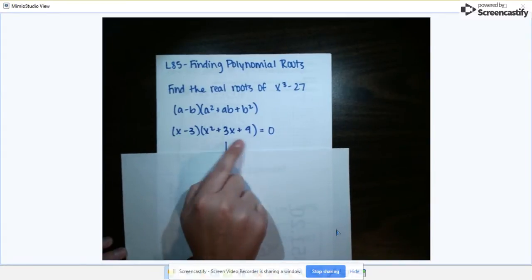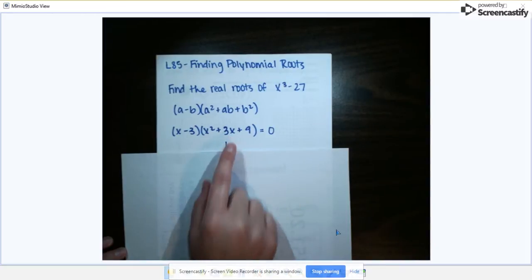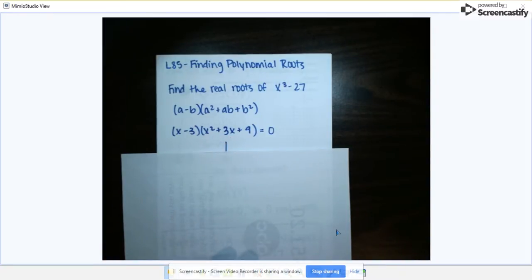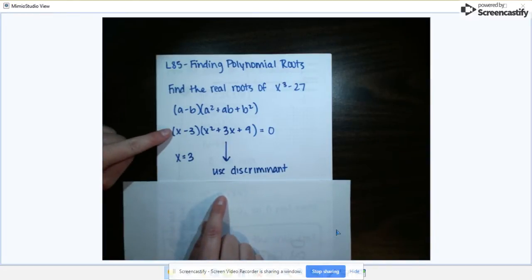So this is a quadratic that we're going to use our discriminant on to see if we have any roots. If we do have roots, then we can use our full quadratic formula to find those roots. But if it comes out to be a negative number, we know we don't have any roots for that particular section.